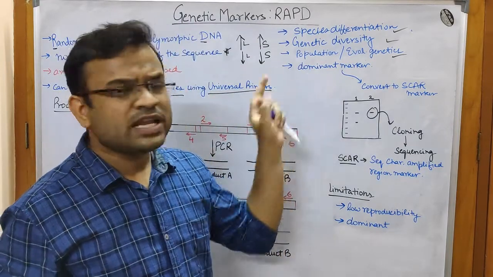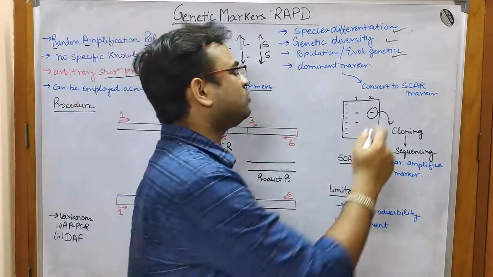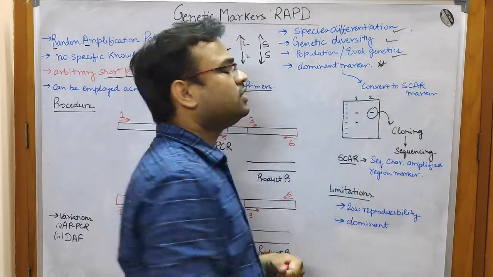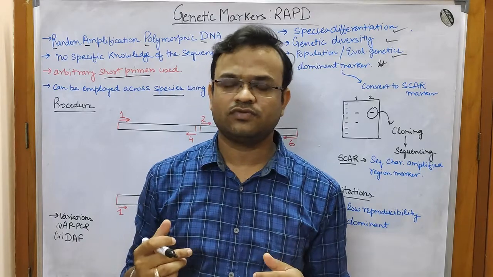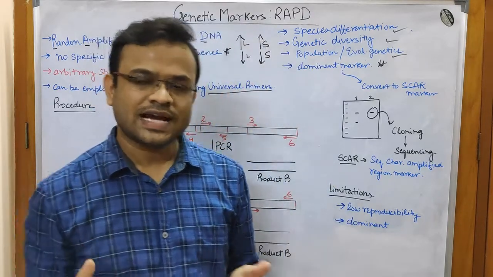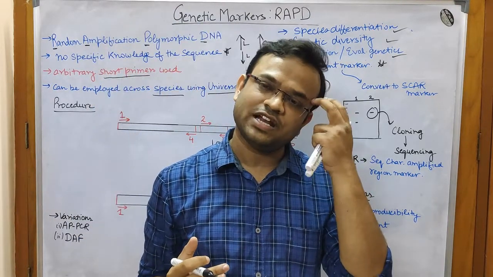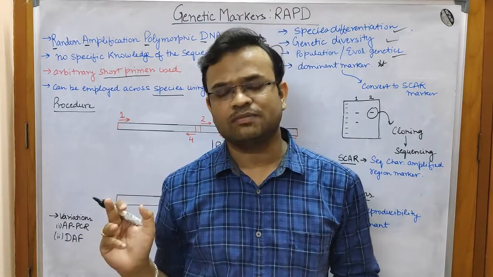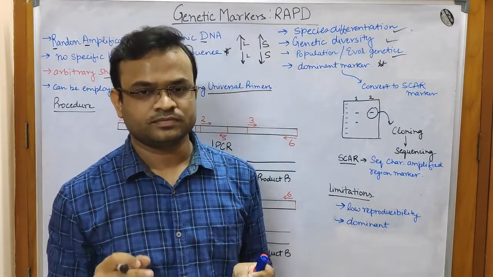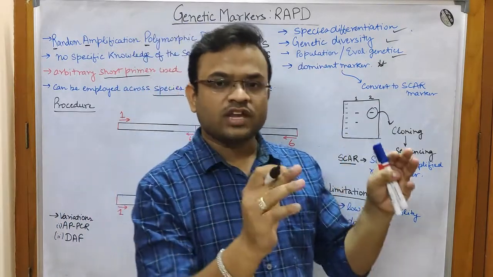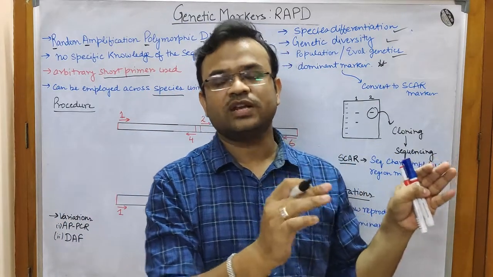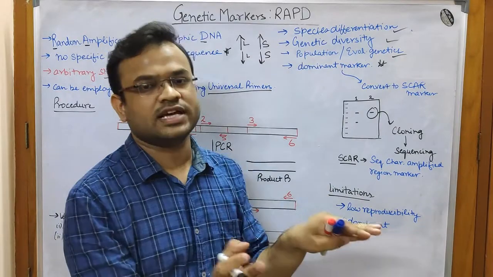Next is a very important point that I would like to emphasize, that it is a dominant marker. If you recall the lecture on RFLP, we discussed that RFLP is a co-dominant marker. That means it can distinguish between homozygous and heterozygous.